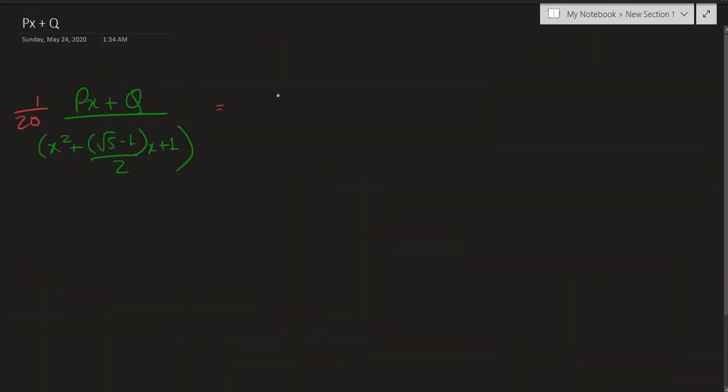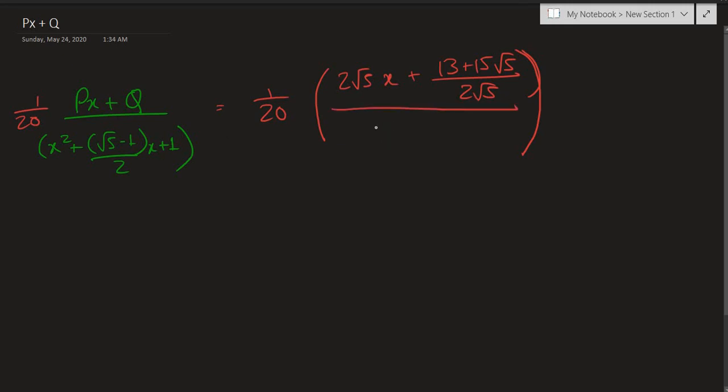So this, after performing the tedious partial fraction decomposition, is 1 over 20 times, well, p is going to be 2 square root of 5 x, we have the x was already there, plus 13 plus 15 root 5 over 2 root 5, and we have a parenthesis here, divided by this other term x squared plus square root of 5 minus 1 by 2x plus 1.